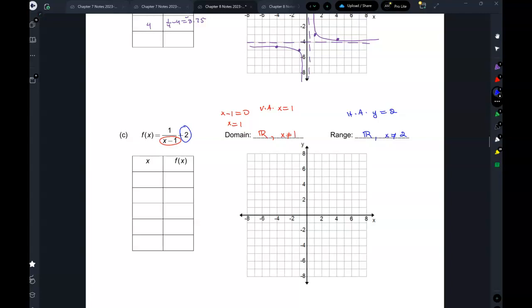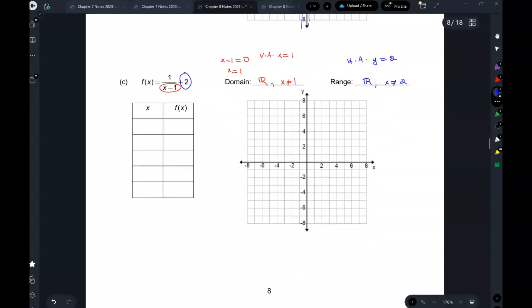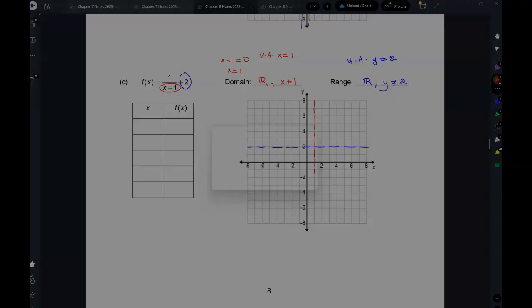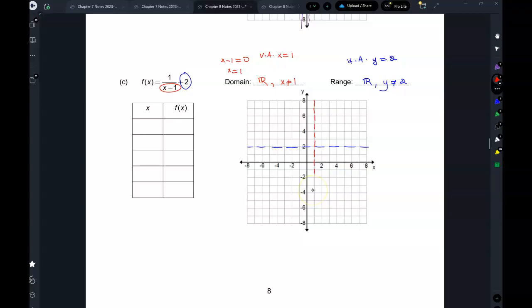Okay? Okay. So, oh, y. Oh my gosh. Y, thank you. So, y can't be 2. Told you, I haven't taught all day. My brain's getting rusty. So now I need to plug in a number from either side of that vertical asymptote.